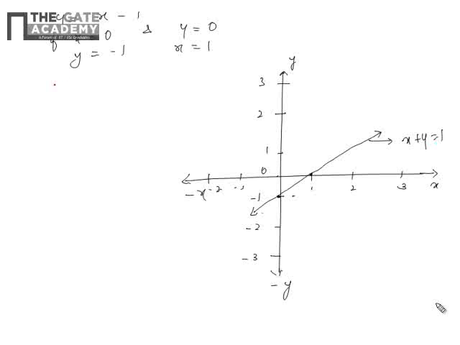Okay, now the second equation, from equation 2 what do we have? 2x plus y equals 1, right? So I can write y equals 2x minus 1.